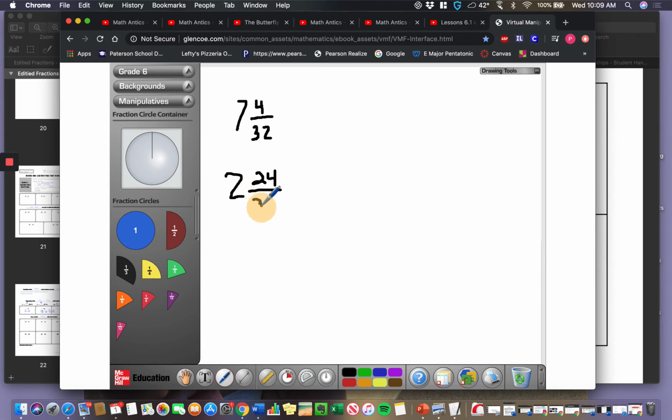So I want to break that 7 up by borrowing it. So if I want to borrow it, it's going to become a 6 plus the 32 over 32.